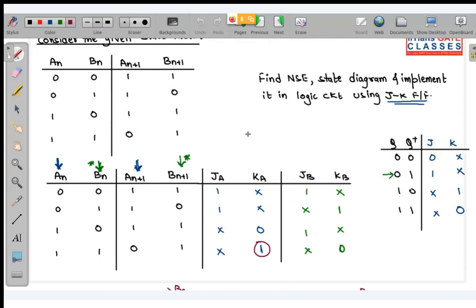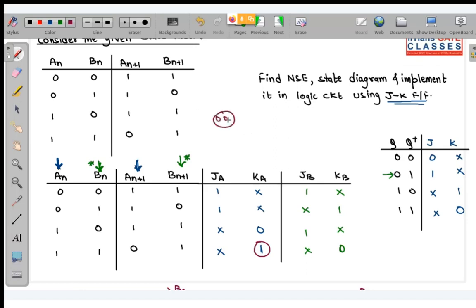So the same question I have taken twice, but in both I have taken different parameters in solving the question. First I gave you the next state equation and asked about the state diagram and state table. Here I have given you the state table and asked about the implementation, next state equation and state diagram. So even the state diagram you can draw.